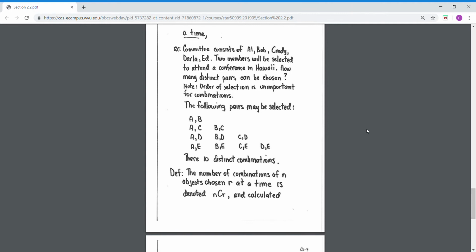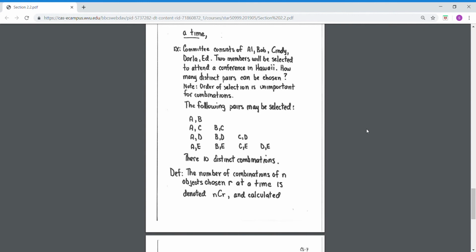Both are going to Hawaii and will presumably stay on the same flight and have the same accommodations, so order is unimportant. Therefore, the following pairs may be selected: AB, AC, BC, AD, BD, CD, AE, BE, CE, and DE. There are 10 distinct combinations.